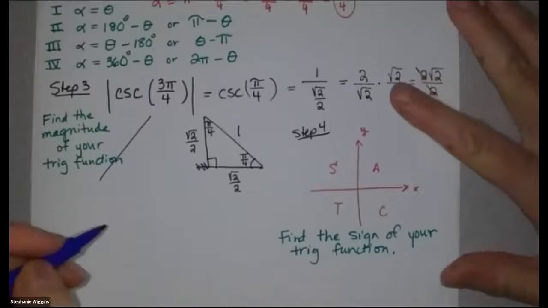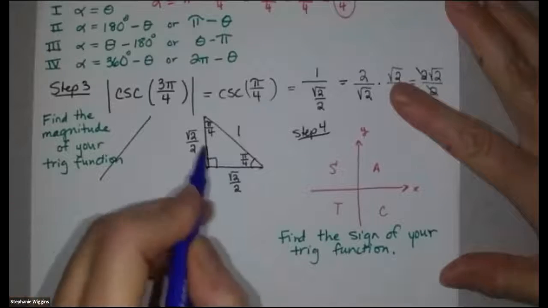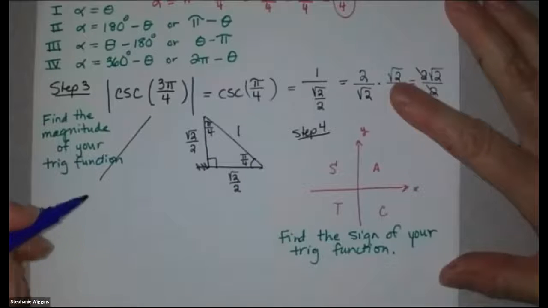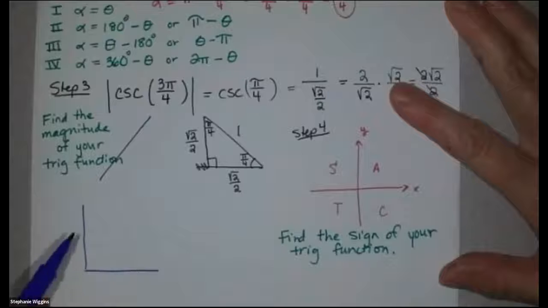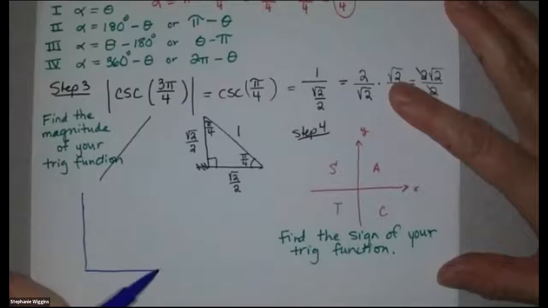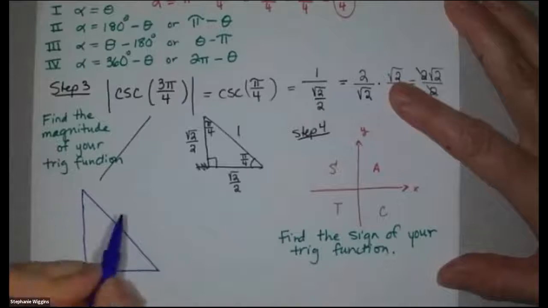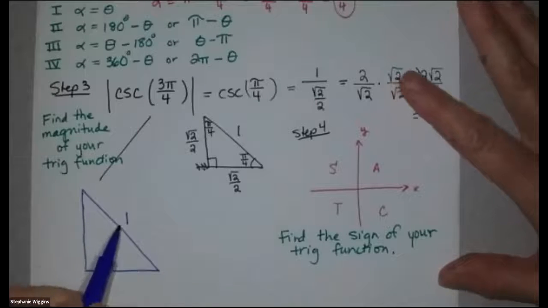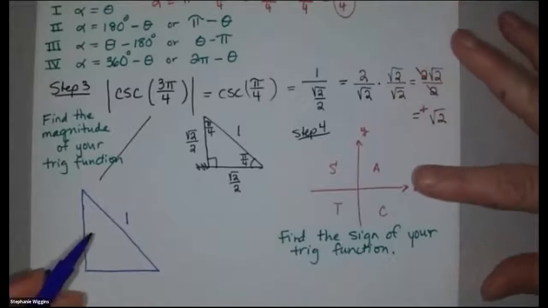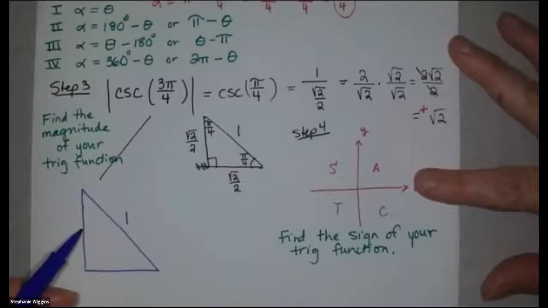Okay, we have this triangle, which is the isosceles right triangle, and it has 1 as its hypotenuse. And based on the Pythagorean theorem, these two have to be equal, right?